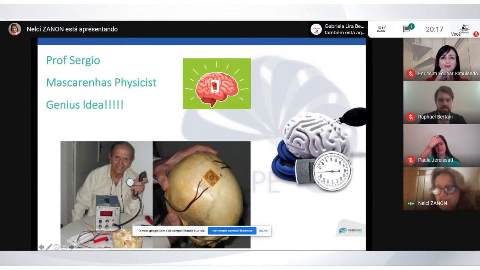Why do the neurosurgeons need to go inside the skull to discover the brain waves or the intracranial pressure monitoring? We couldn't believe that it was possible to see just outside the skull, but it is. He is not only a physicist, he is a genius for me.